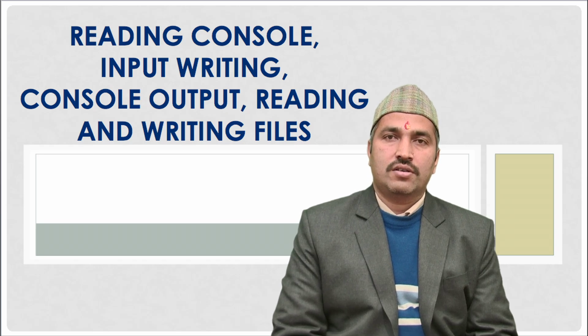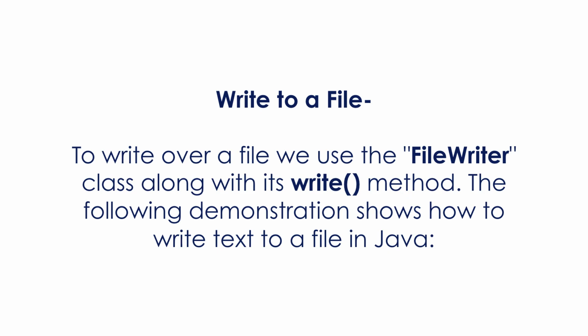Next is the demonstration about writing to a file. To write to a file, we use the FileWriter class along with its write method. The following demonstration shows how to write text to a file in Java.